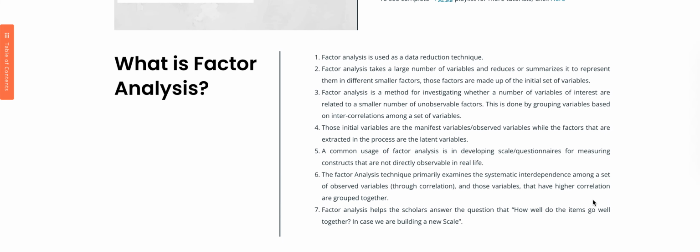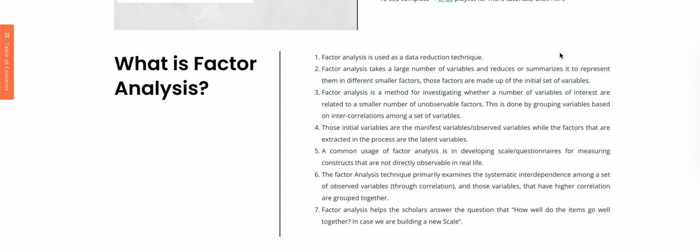We'll talk about what factor analysis is. Factor analysis is used as a data reduction technique. Second, factor analysis takes a large number of variables and reduces or summarizes them, representing them in a smaller number of factors.